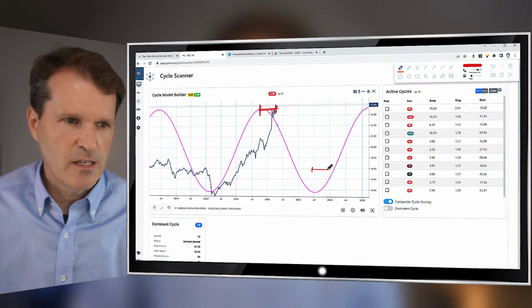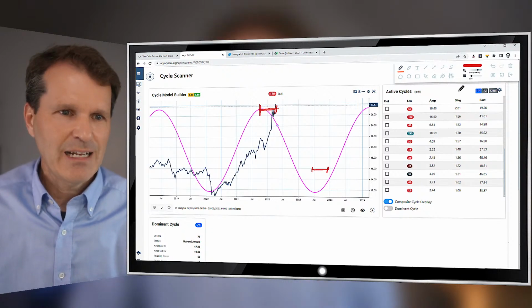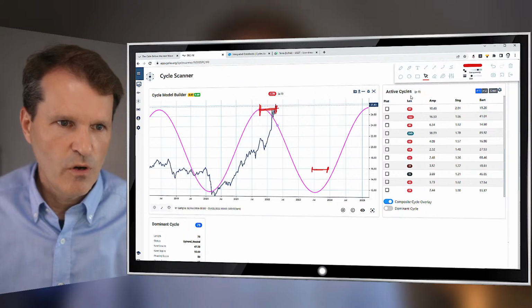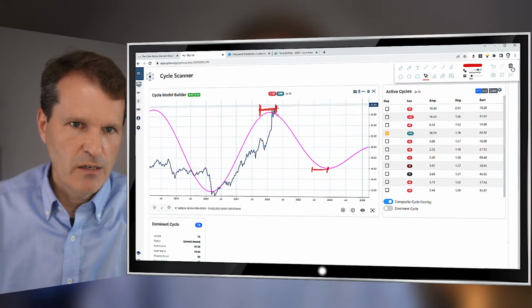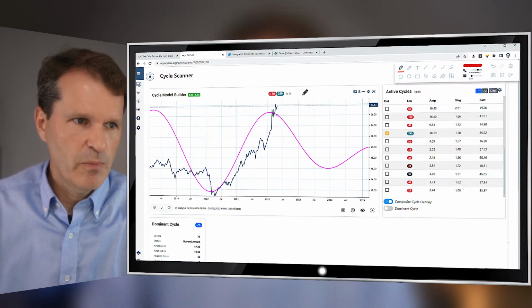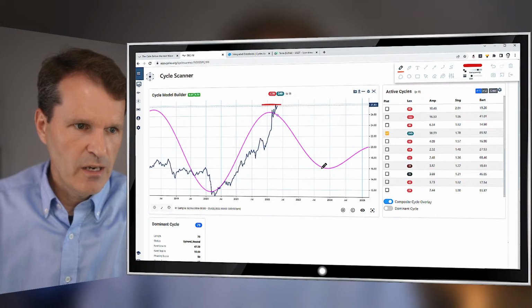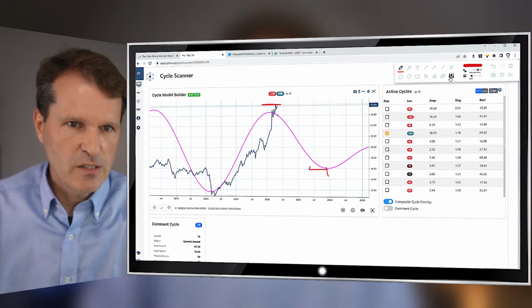That's the bottoming projection. So regardless of whether you use 1, 2, or 3 cycles, that's the general outlook here. I need to repaint it here. So that's the topping window, and here we had the bottoming window based on the composite cycle model.